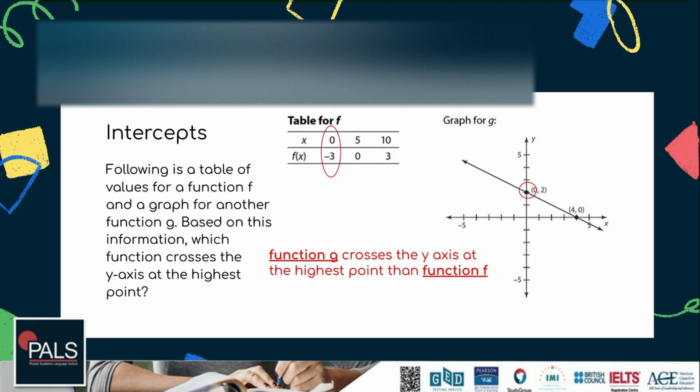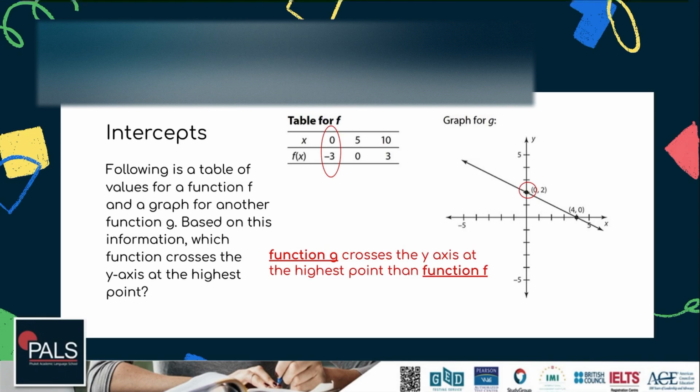Okay, this one. Intercept question. Following the table of values for the function f and a graph for another function g, a table for function f and a graph for function g. Based on this information, which function crosses the y-axis at the highest point? Y-intercept means the value of y when x is 0.